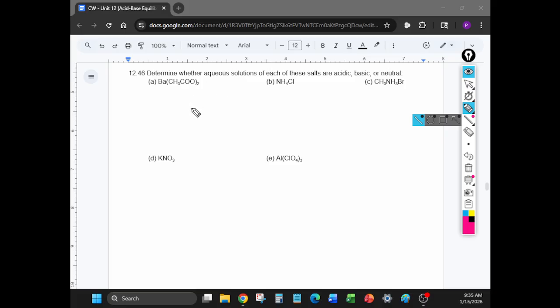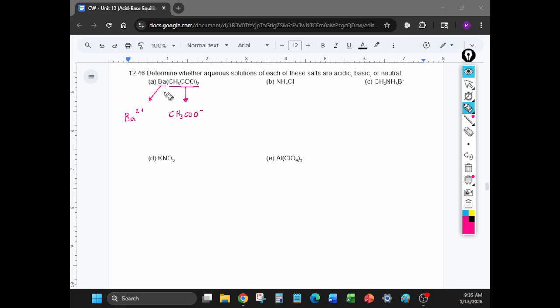First we identify what the cations and anions are. The cation is pretty easy to identify. We see barium, and we know from our most common ion knowledge that barium likes to produce a 2+ ion, so Ba2+. Next, we see right here that we have CH3COO. We know from memorizing our polyatomic ions that this is acetate, and it's going to have a negative charge.